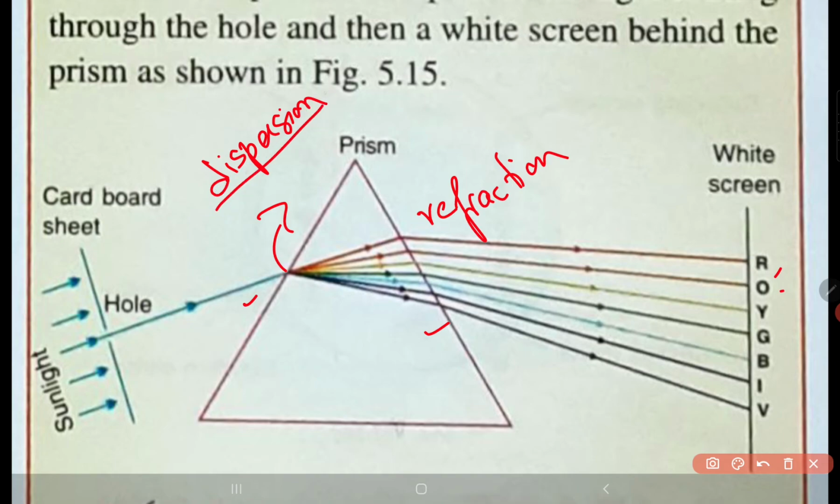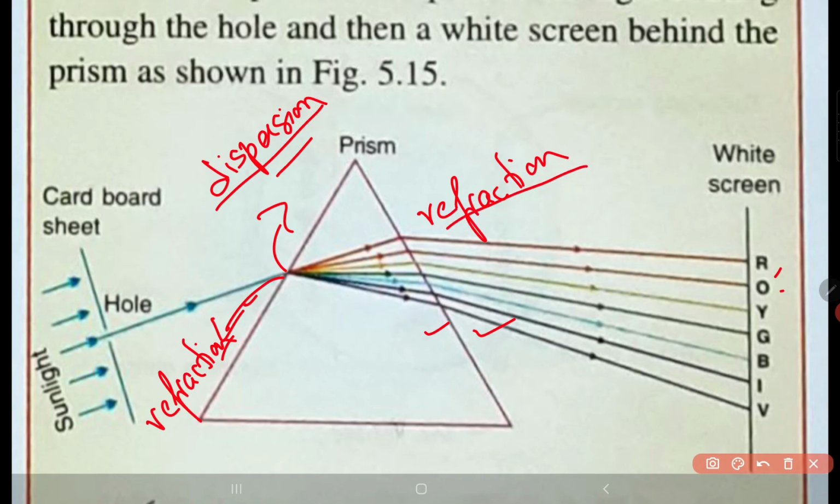Actually dispersion is also because of refraction, so both things are taking place here. So two things are taking place on the first surface, that is refraction as well as dispersion. On the second surface, only refraction is taking place.